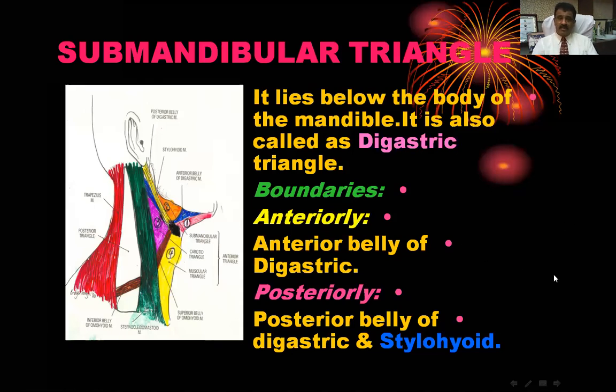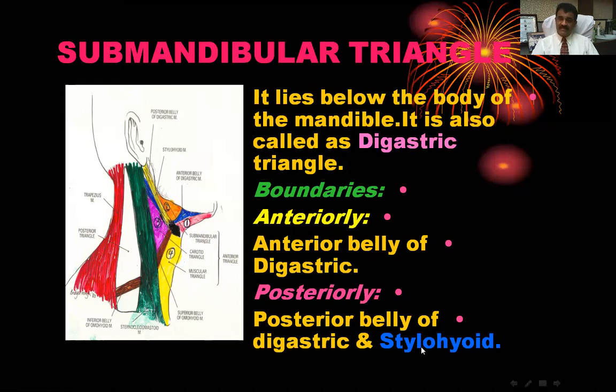Now let us see the boundaries of the submandibular triangle. Anteriorly, it is bounded by the anterior belly of digastric. It's very easy to remember. And posteriorly, it is bounded by the posterior belly of digastric, plus it is supported by the stylohyoid muscle.